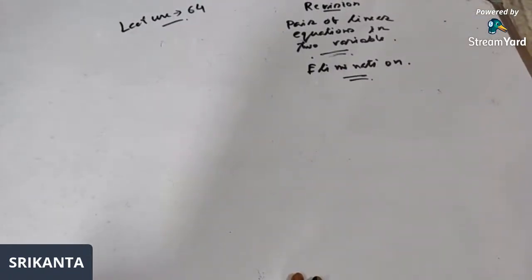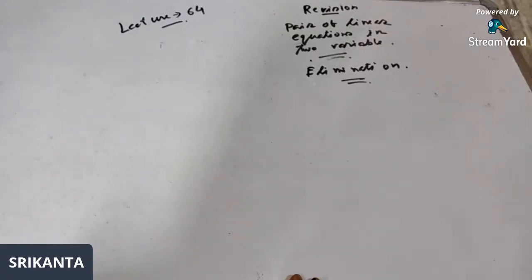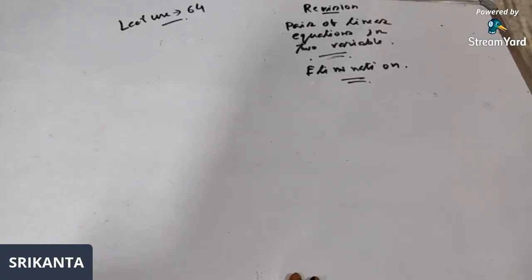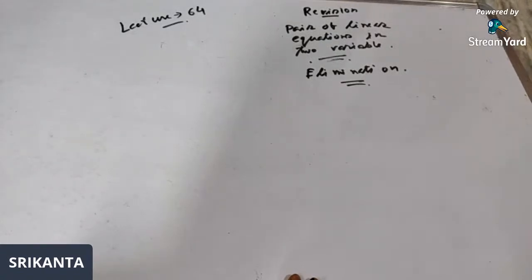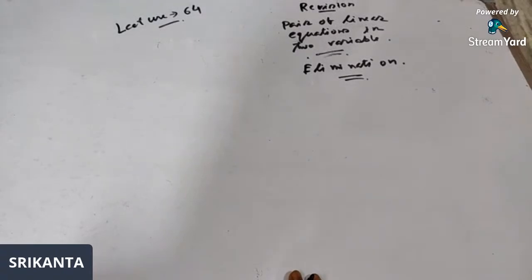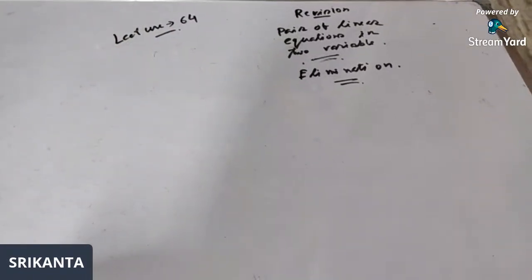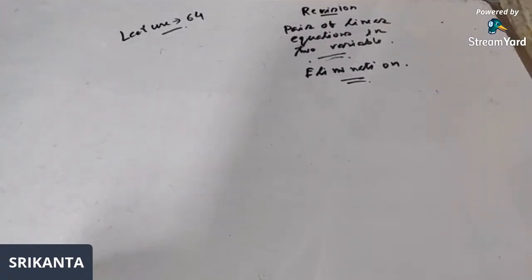Let us ask your second question. Your second question is: 3x plus 2y is equal to 4 has how many solutions?